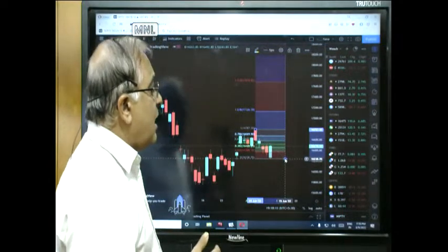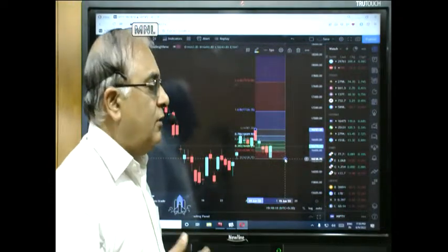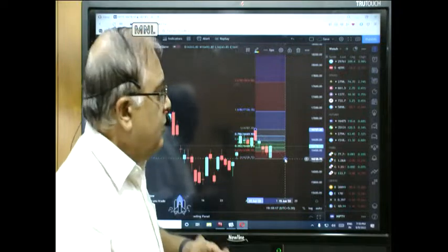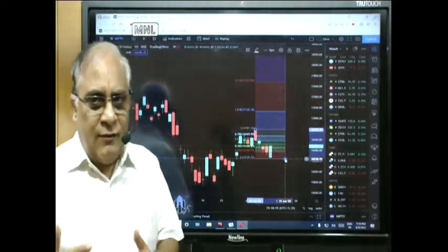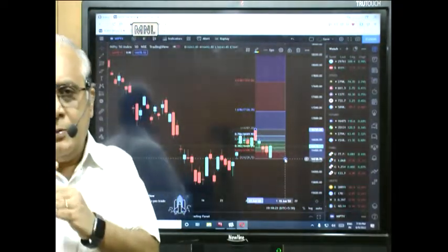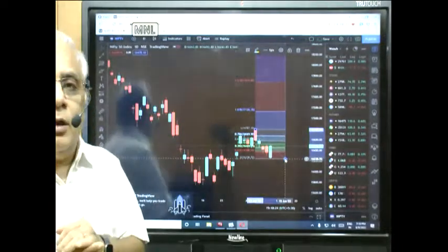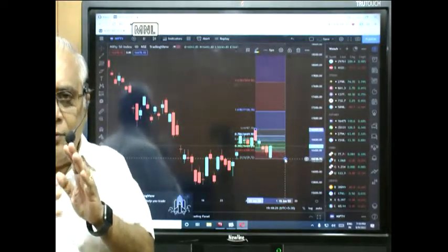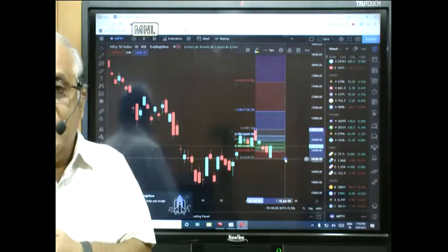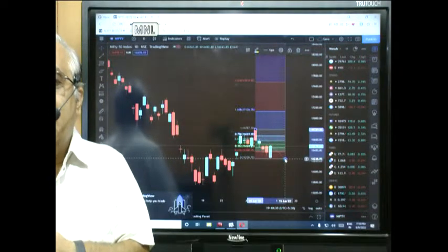So we see chances that when it exceeds 16,575, between 16,575 and 16,675, the rally which started from today can fizzle out, and then it can start falling.